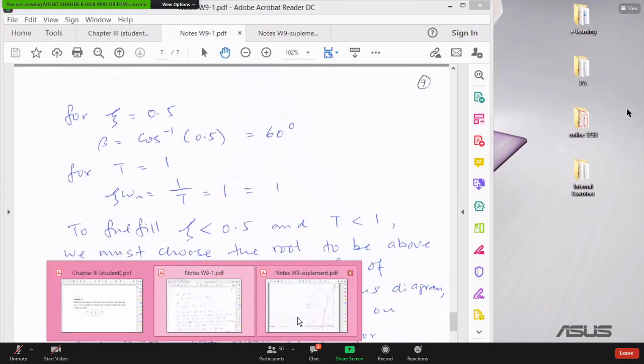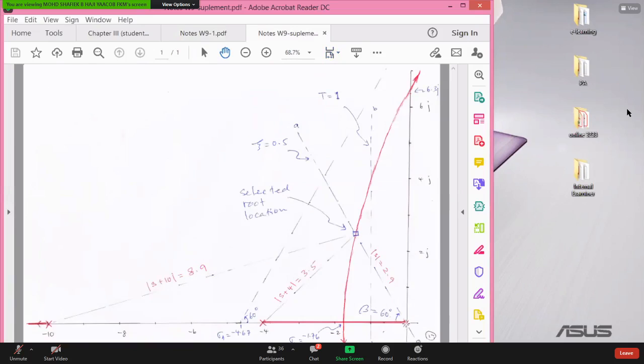So you draw a line from the origin at an angle beta of 60 degrees. This line AA represents a damping ratio of 0.5, and you don't want to go above that. You don't want your damping ratio to be above 0.5. If the angle beta falls below 60 degrees, your damping ratio is going to increase. So you want the root to be located above this AA line.